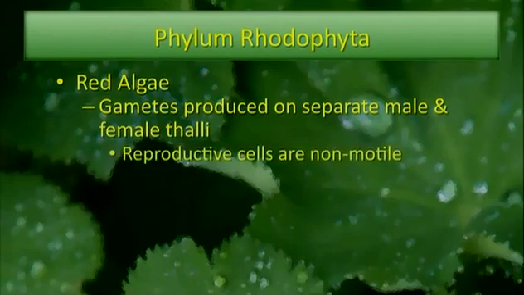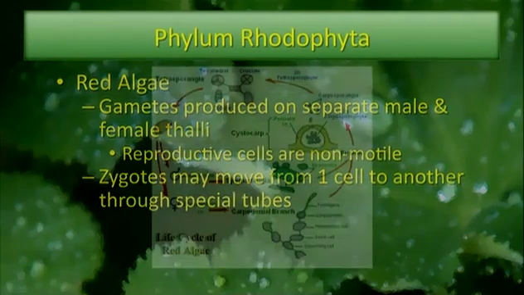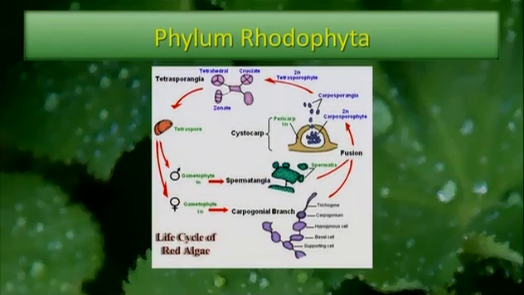The reproductive cells are non-motile. So they rely on water to just carry them passively from where they are to where they ought to be. Zygotes may move from one cell to another through special tubes. Anyway, here we have the female and the male gametophytes.